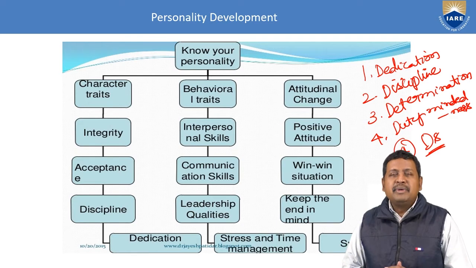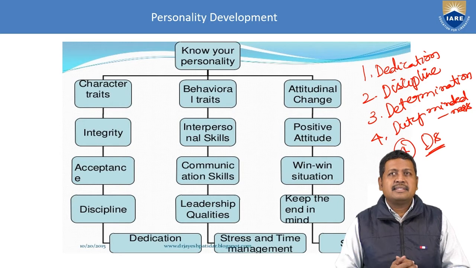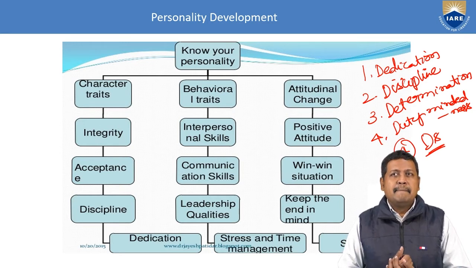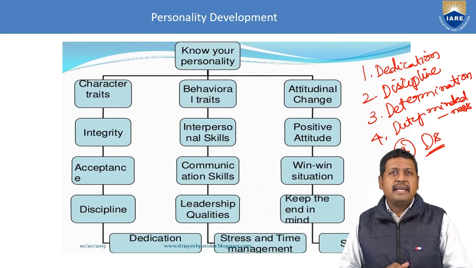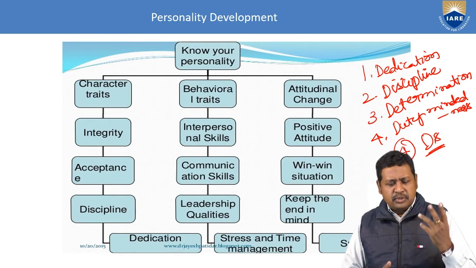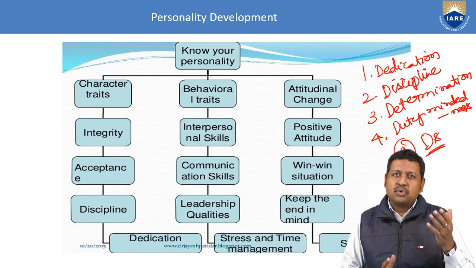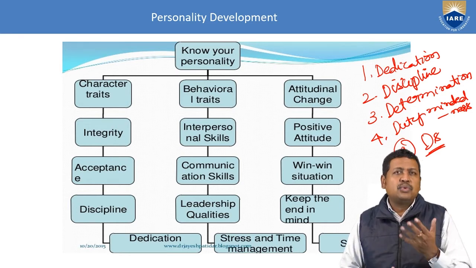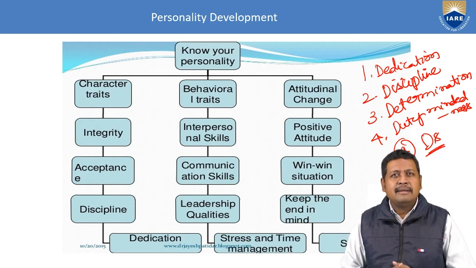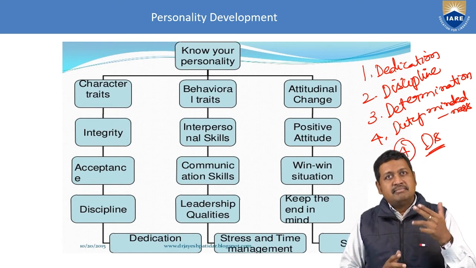All right. And coming to behavioral traits, it's all about interpersonal skills, communication skills, leadership qualities, stress and time management. These are behavioral traits. Attitudinal change: when it comes to attitudinal change, it is positive attitude. We have 2 kinds of people. These attitudes are defined as extroverts, introverts, and ambiverts. Extroverts are outgoing people, easily mingling, outspoken. Introverts are very reserved, for 2 reasons.